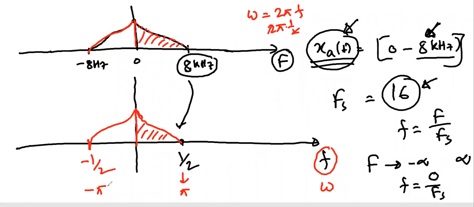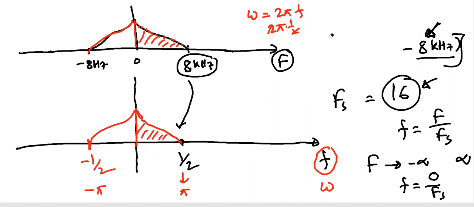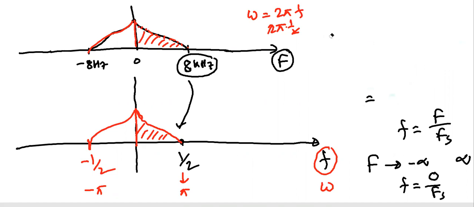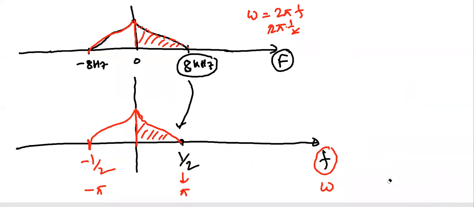Okay, very, very good. Now, the second part. So what was our sampling frequency before? For this diagram, the sampling frequency fs is equal to 16 kilohertz.